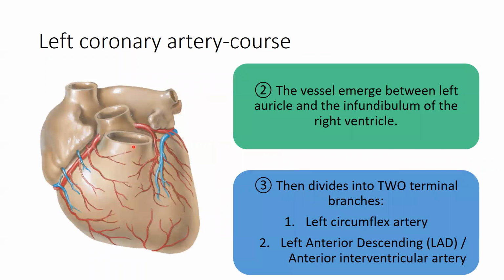The vessel emerges between the left auricle and the infundibulum of the right ventricle, and then it's divided into two terminal branches, which are the left circumflex artery and the left anterior descending artery, or anterior interventricular artery.